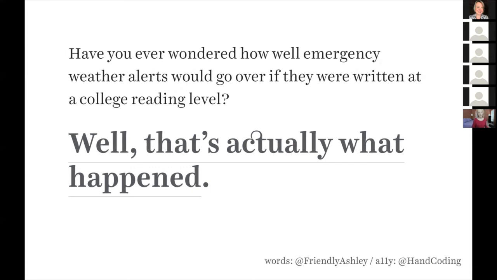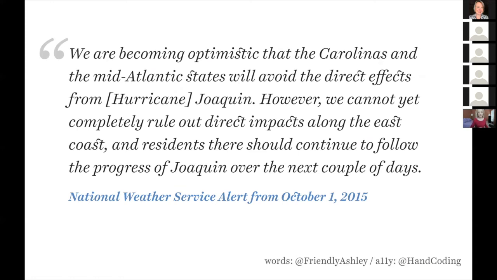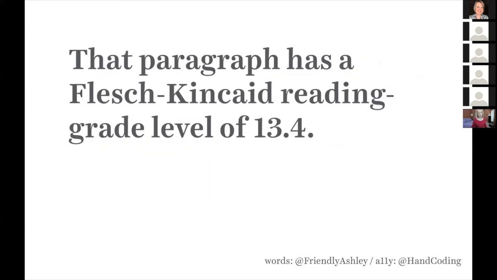It says, "We are becoming optimistic that the Carolinas and the Mid-Atlantic states will avoid the direct effects of Hurricane Joaquin. However, we cannot yet completely rule out direct impacts along the East Coast, and residents there should continue to follow the progress of Joaquin over the next couple of days." You know what? That paragraph has a Flesch-Kincaid reading grade level of 13.4.